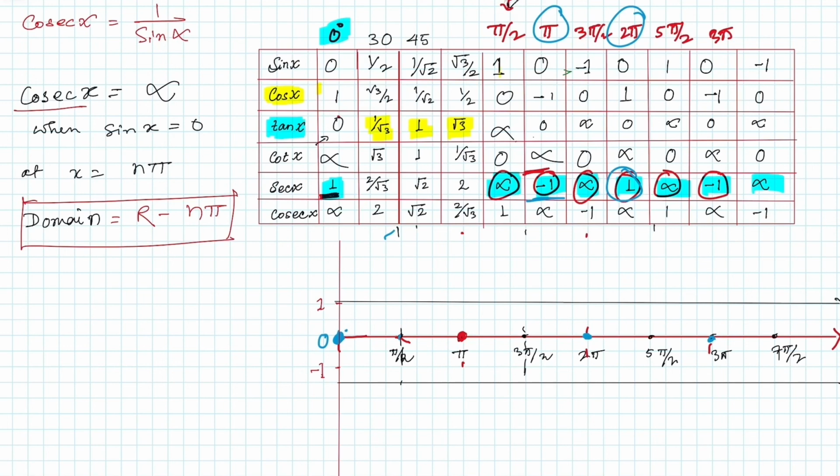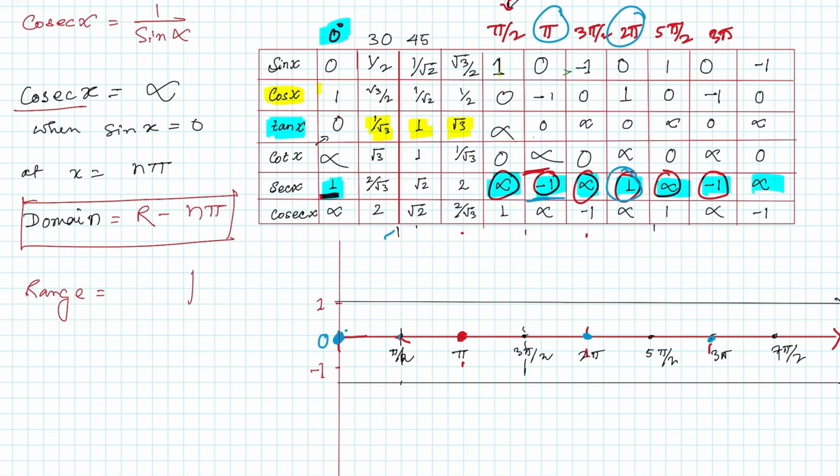As I have shown how to find the range of sec x, similarly we can find the range of cosec x. We have to use the same method. We can proceed the same way as we did in case of sec x. The range of cosec x is also the same as sec x.